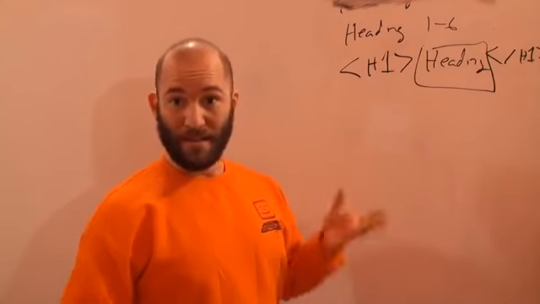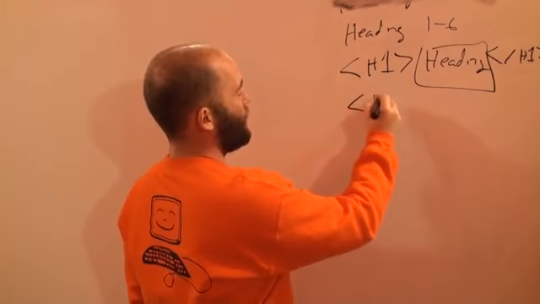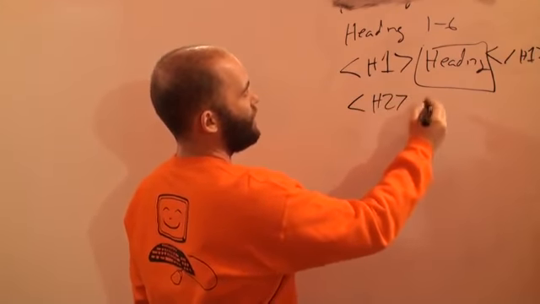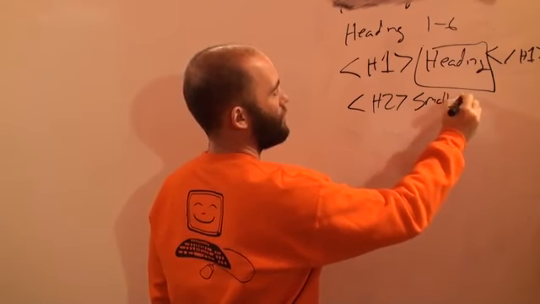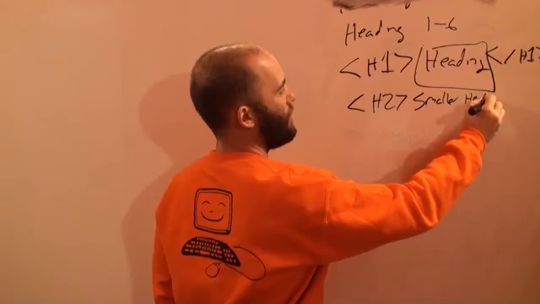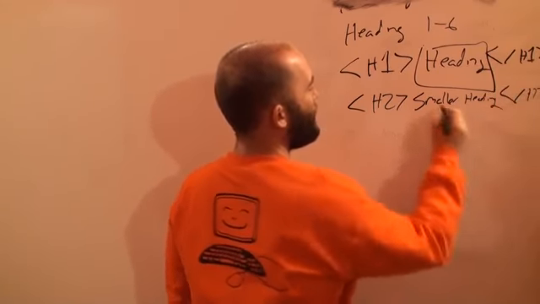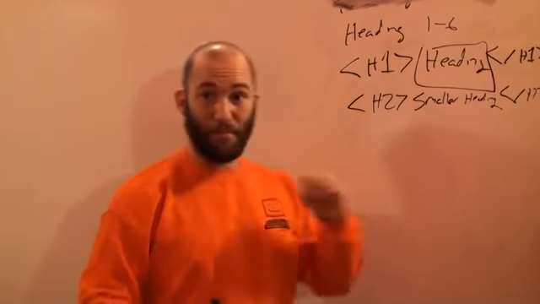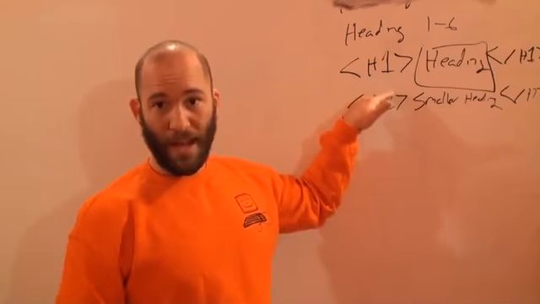Then if you want a subtitle, let's say H2, you would open the H2 tag, that'd be a smaller heading, and then you close the H2 tag. Again it's bigger and bolder than normal text, but smaller than H1.